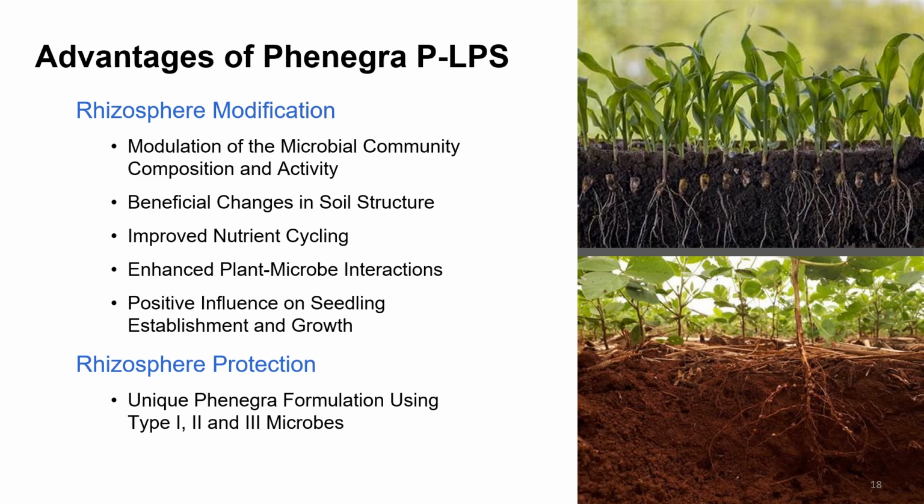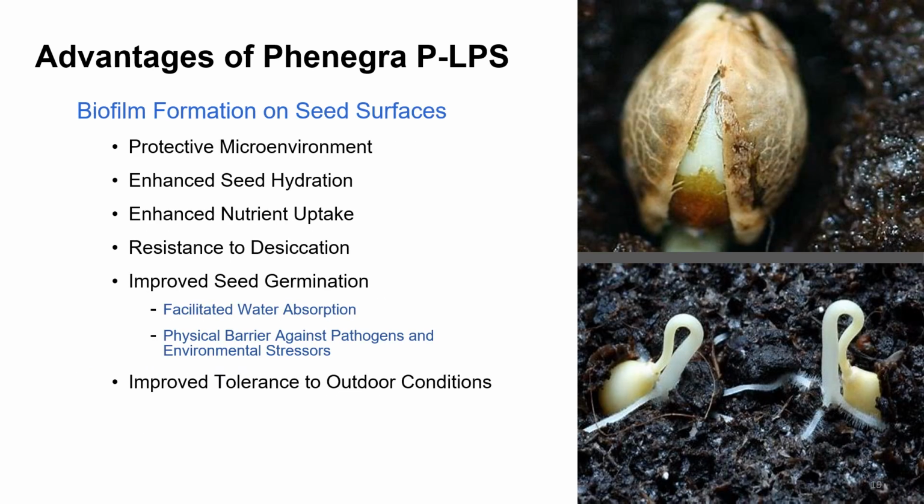You have enhanced plant microbe interactions, and you have positive influence on the seedling establishment and growth. Basically, the soil, if you're using soil, right, the substrate is now going to be healthier. And for reuse, it has less compaction issues. The rhizosphere protection is unique to the Phenegra formulation of using type 2, 3, and 1s.